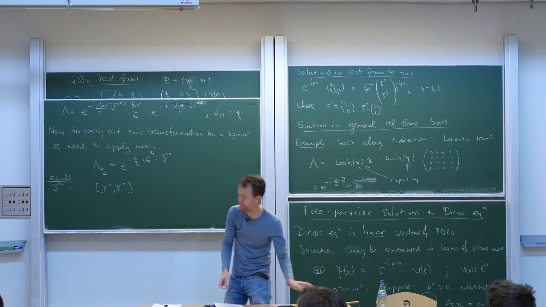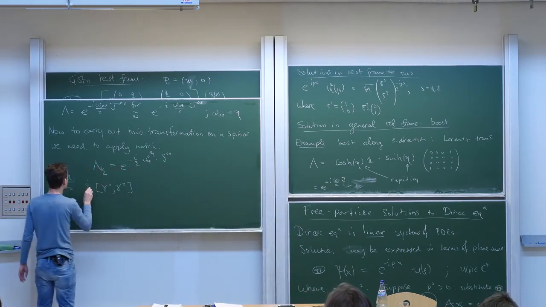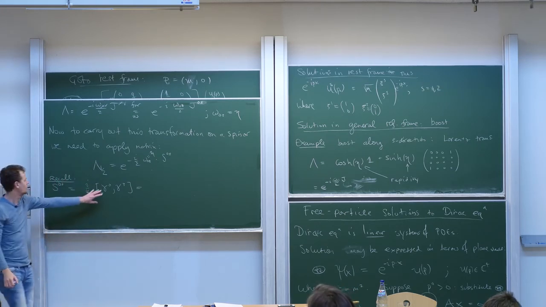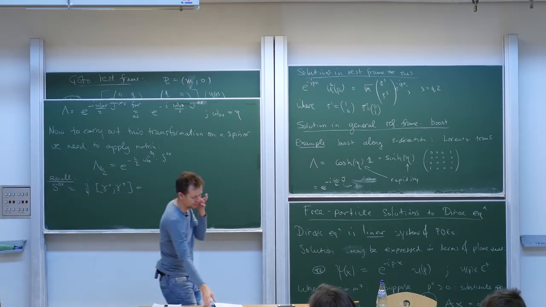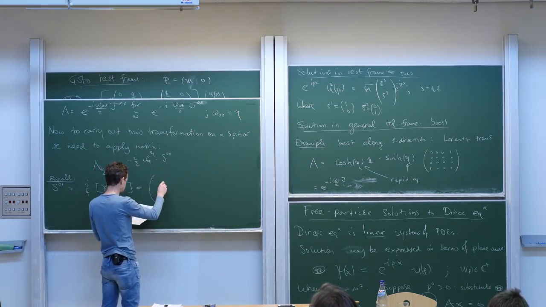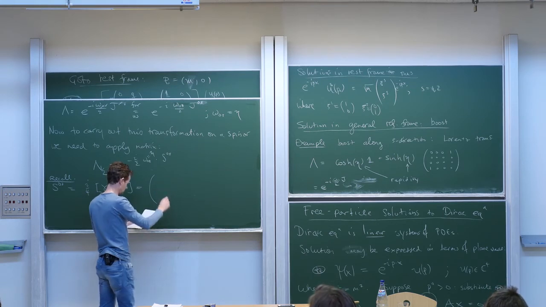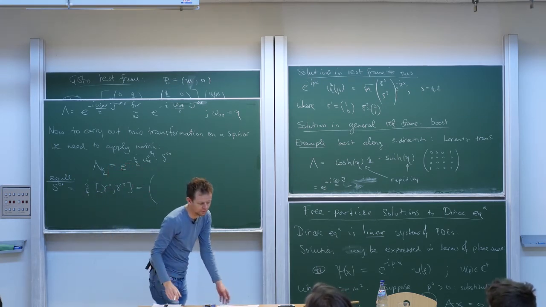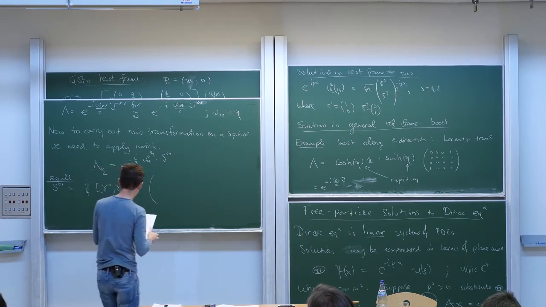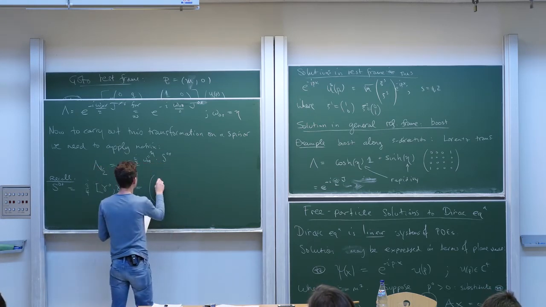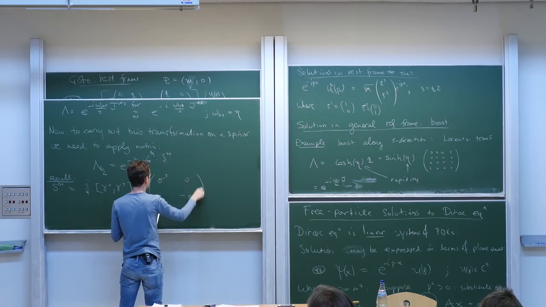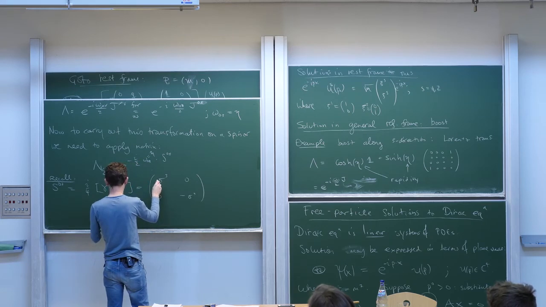This is some 4 by 4 matrix, and if you work out that 4 by 4 matrix, you find the following 4 by 4 matrix. Namely, sigma 3, 0, 0, minus sigma 3, and there's some i's missing and some factors missing.